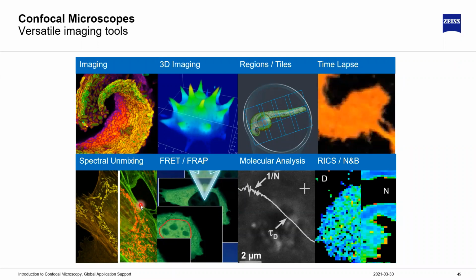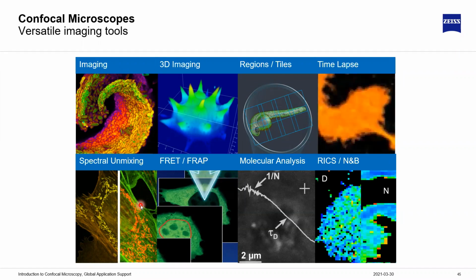And I didn't even talk about everything that you can do with the confocal microscope. Of course, you can also use multiphoton lasers, so you can image even deeper into your sample. You can couple pulsed lasers to the confocal microscope, and you can do FLIM imaging, so time-resolved imaging.